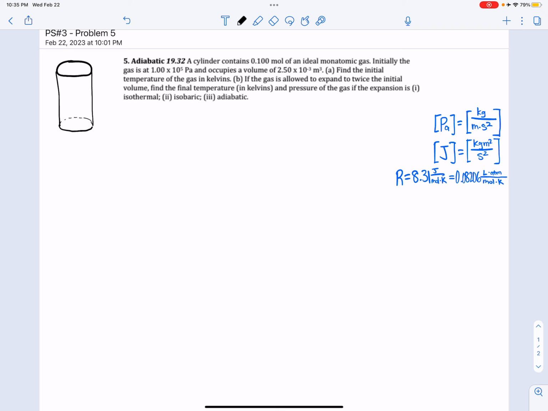Okay, so I'll just write down the given information that I have. The number of moles is equal to 0.100 moles. I know I'm dealing with an ideal monatomic gas.